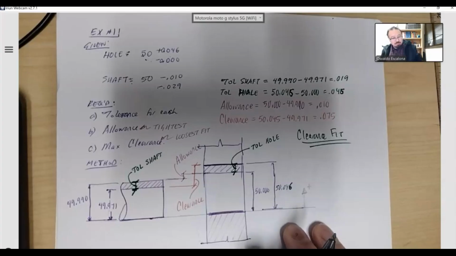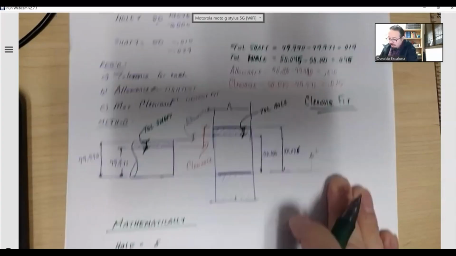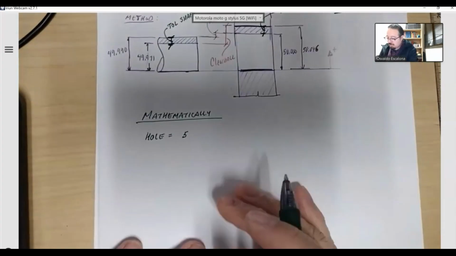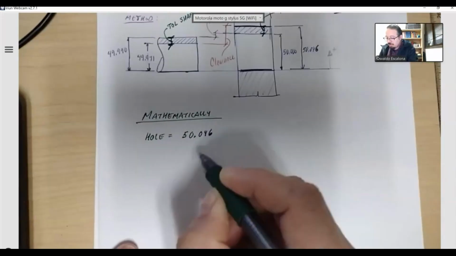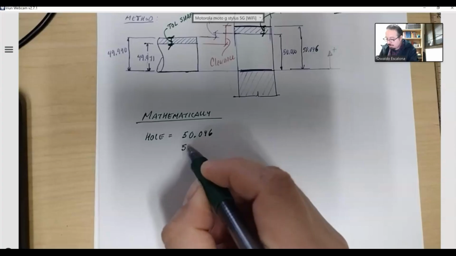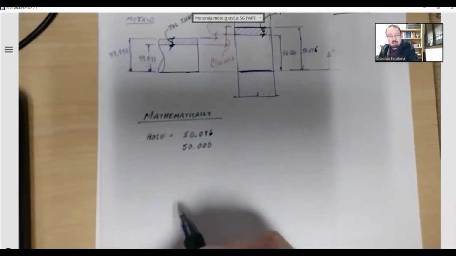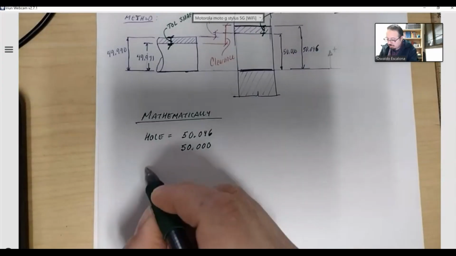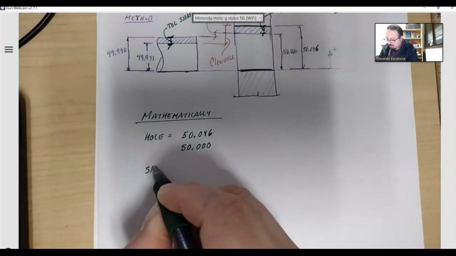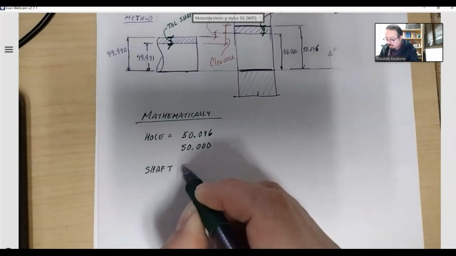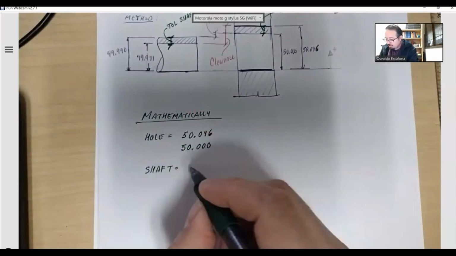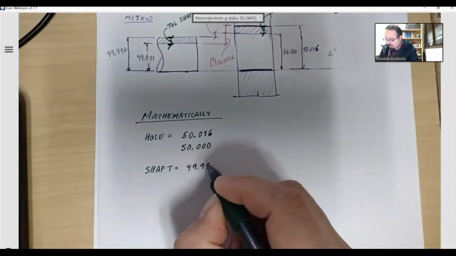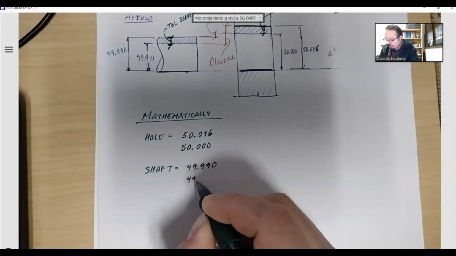I think, yeah. All right, so now let's do it mathematically again. The hole is 50.046 at the biggest, and the smallest I can give will be 50.000. The shaft will be 49.990 and 49.971.